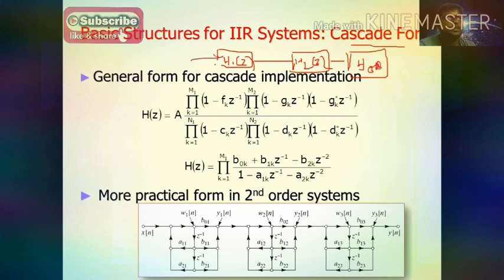The input applied here is x of z, and the original output is y of z. This is the way you construct the cascade form structure.